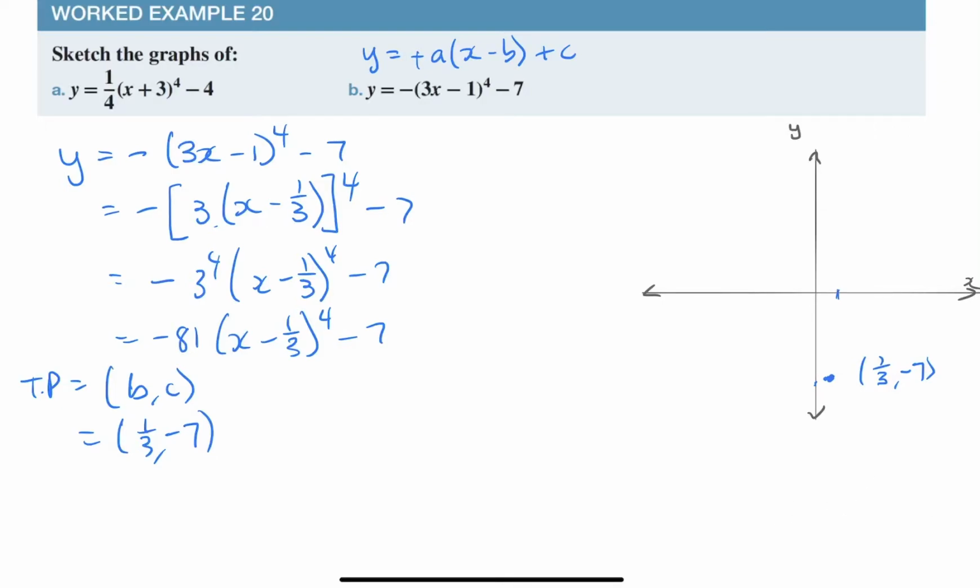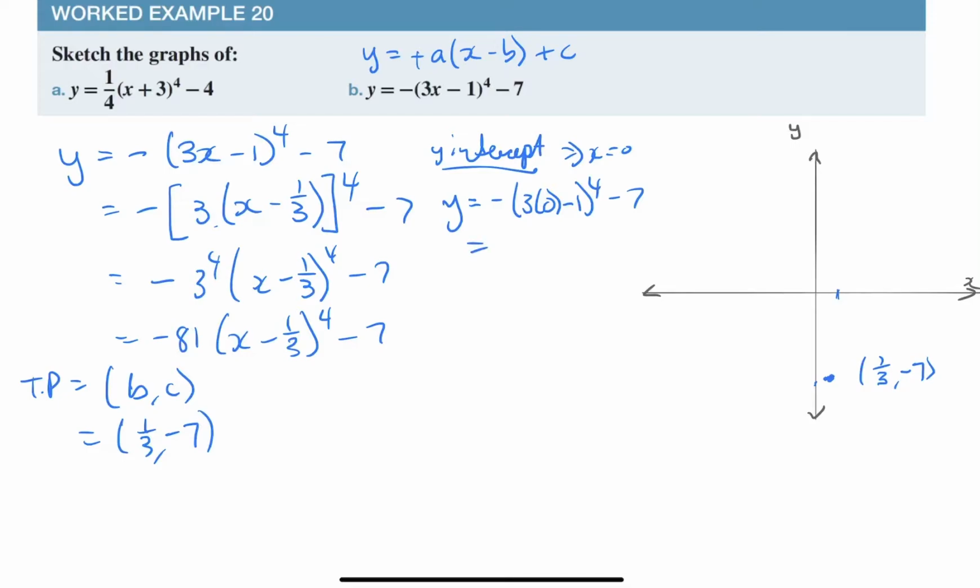My y-intercept is where x equals 0. So y equals minus 81 times (3 times 0, minus 1) to the power 4, minus 7.